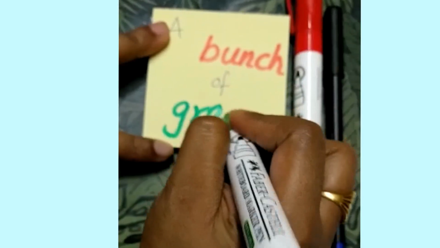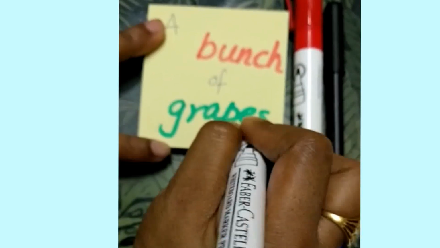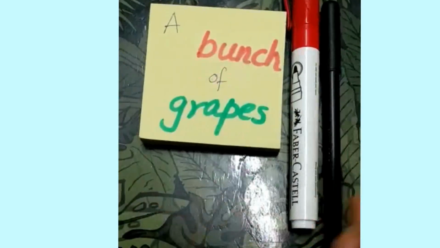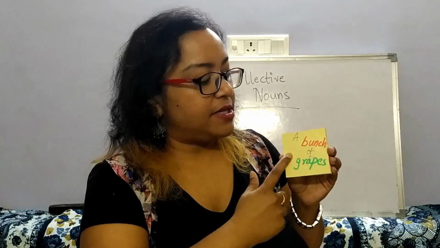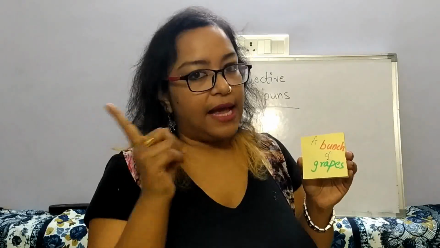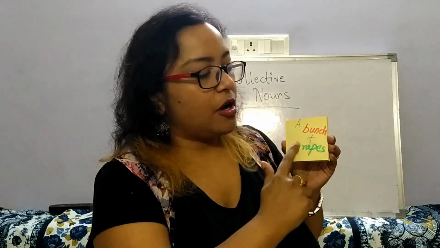Please remember that you must write only one collective noun on one sticky note. So for example, on this I have written a bunch of grapes. Alright, I haven't written anything else on this. Just one collective noun and the corresponding noun. A bunch of grapes.